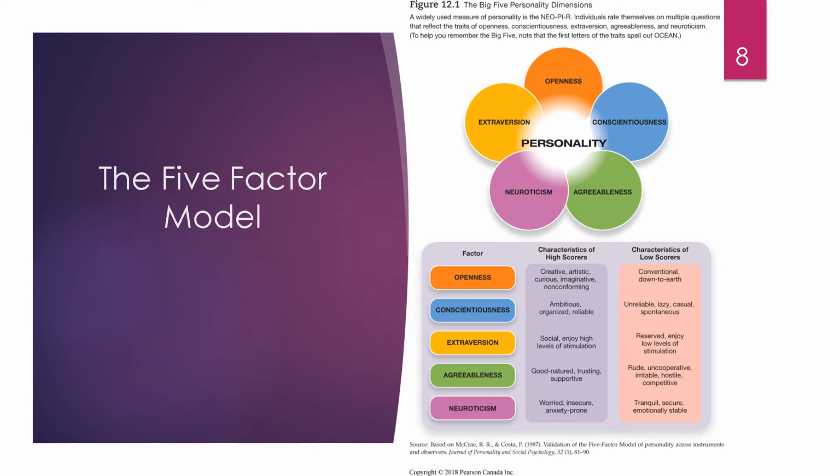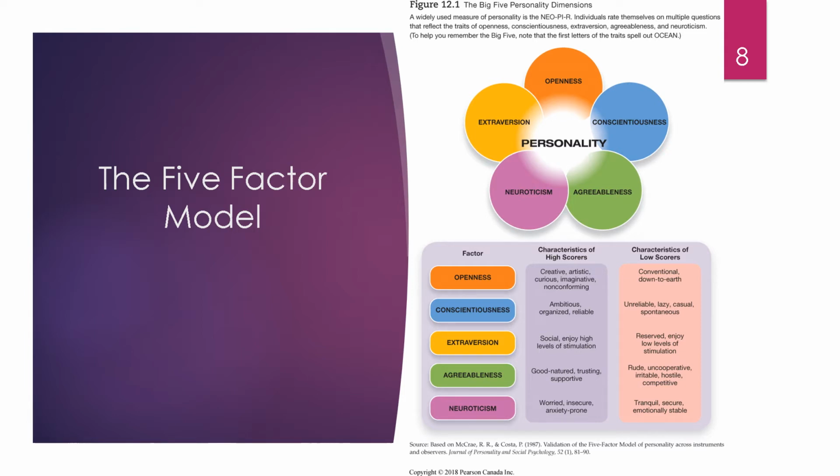Extroversion, you've probably heard of the word extrovert before, so the opposite end of the dimension for this one would be introversion. And so an extrovert, if somebody scores high in extroversion, they'd be social, enjoying high levels of stimulation, whereas somebody scoring low on extroversion, and in response to that, high on introversion, is going to be showing a more reserved personality. They enjoy lower levels of stimulation.